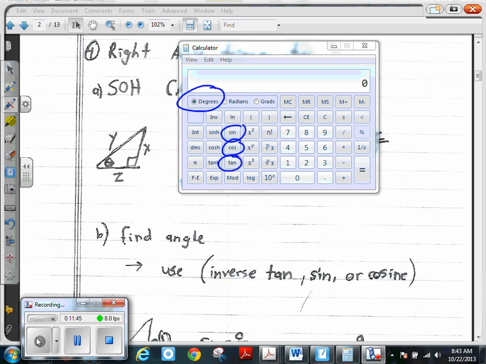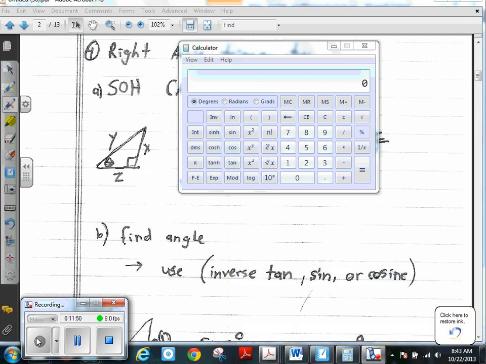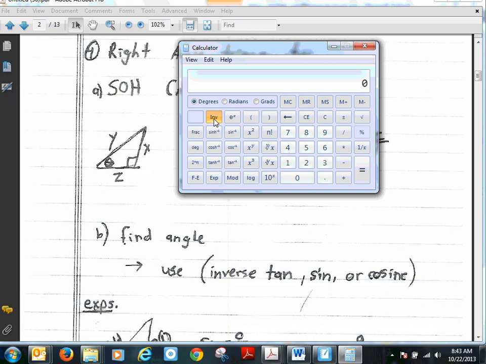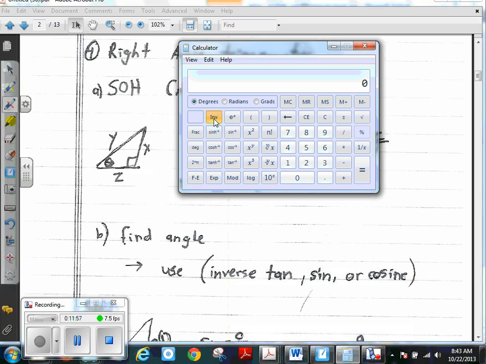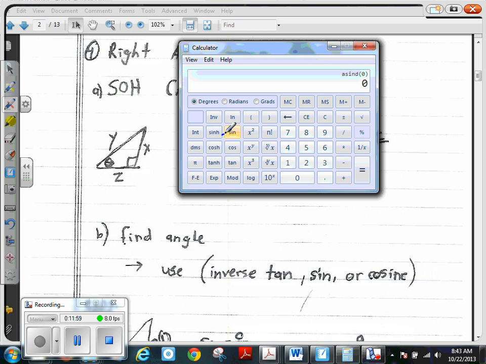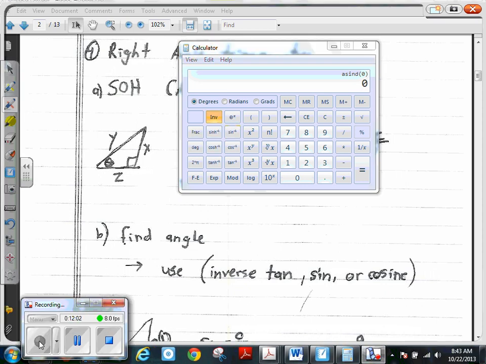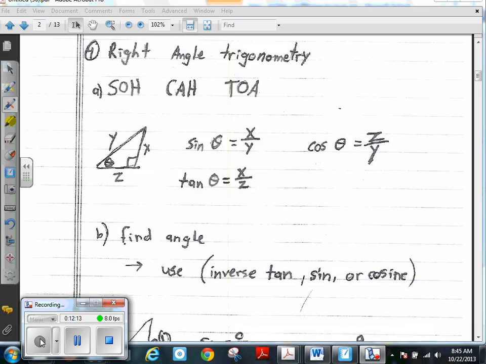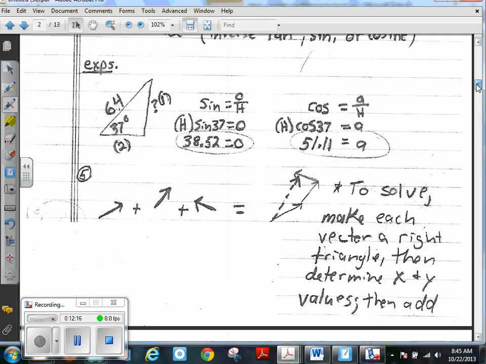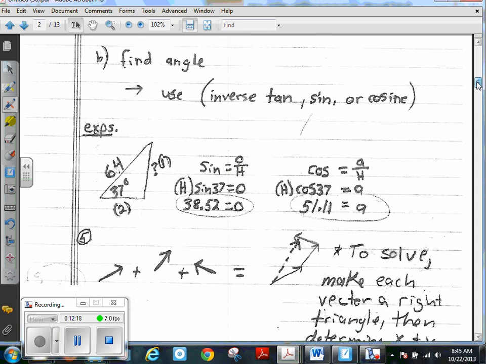Now on this calculator, if we wanted to do the inverse, it looks like right there is the inverse. And now you can see all these buttons have changed. Now mine says sine to the negative first, cosine, and tangent to the negative first. You probably have to do a second function on your calculator. Okay, so it's good to know that most of you have had this already. Here's some examples.